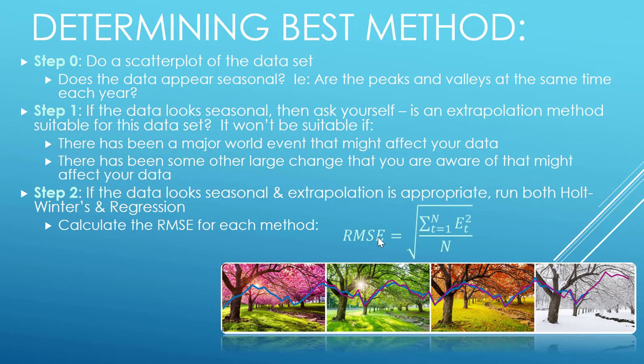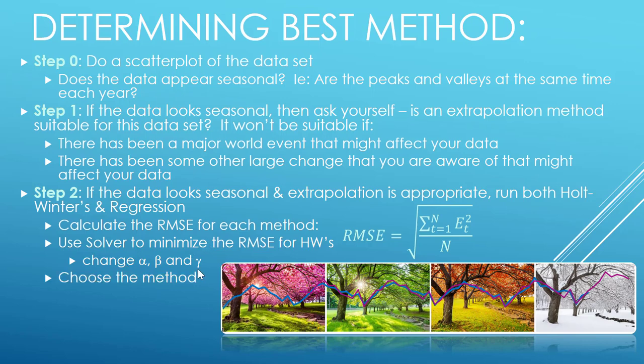We saw that in a previous video. As we also saw in a previous video, once we get our RMSE, let's also minimize it for the Holt-Winters by changing our alpha, beta, and gamma within the solver. And then finally, choose the best method by choosing the one with the lowest RMSE. Once you've chosen that, and if you think everything else has been satisfied in all the previous steps, then go for it and forecast for future data.